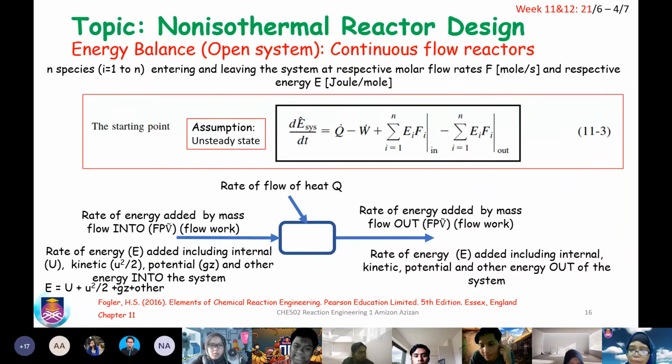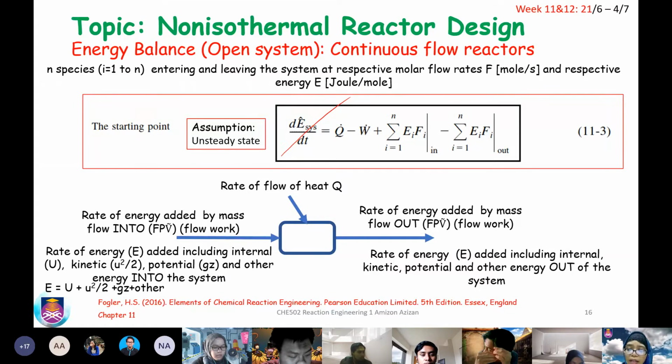Now, we got the energy balance also written when we make an assumption of unsteady state. If it is unsteady state, how do we write the equation? Of course later, if we assume steady state, we can cancel out the rate of energy change over time, which is equivalent to zero.